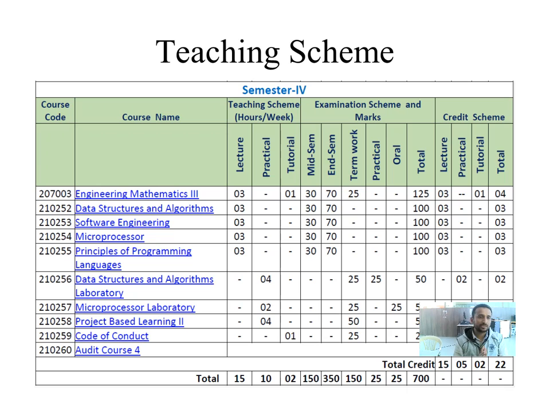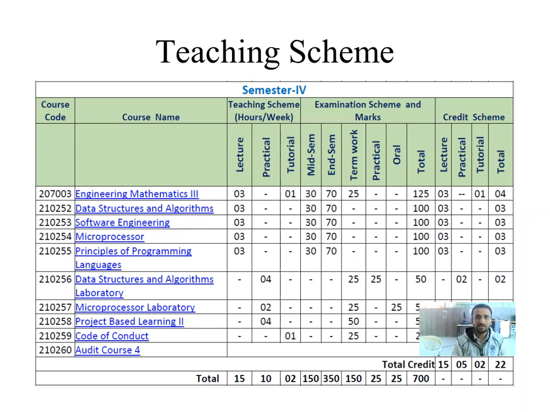As we are going to discuss Principles of Programming Languages, we will look at the teaching scheme for that subject. 3 hours are there. We are not going to have any practical sessions, and no tutorials are allotted for this subject.